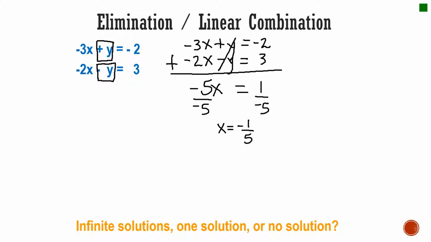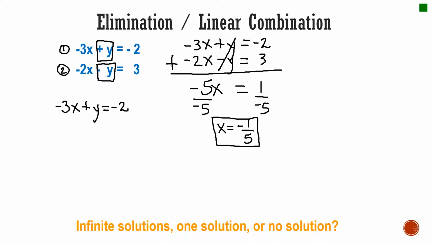From here, I'm going to take my x as my solution to this equation and put it back in one of these equations over here, either 1 or 2, either one is fine, and find my y coordinate now. So I'm just going to start with the very first equation, negative 3x plus y equals negative 2.